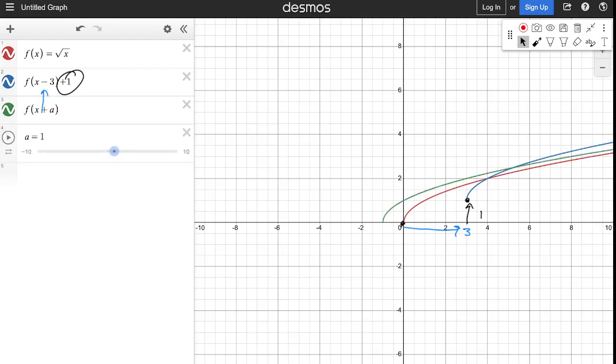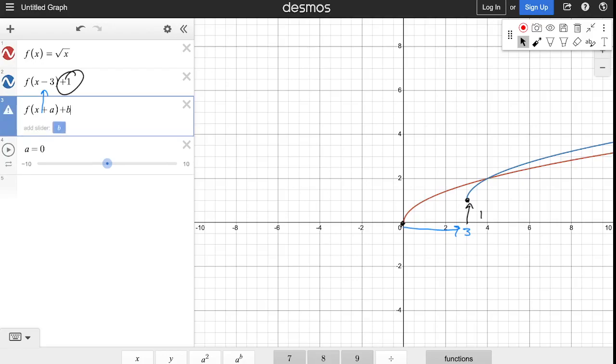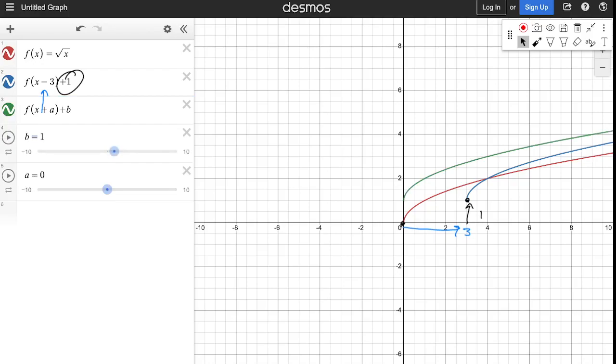There we go. I'm going to make it 0. We'll see that it's exactly the same graph that we had, but we're also going to add b. Why not? Could be any letter of our choosing. And then we put a slider for b. And again, let's make it 0.